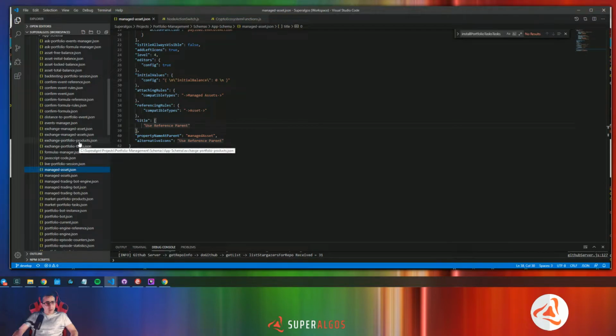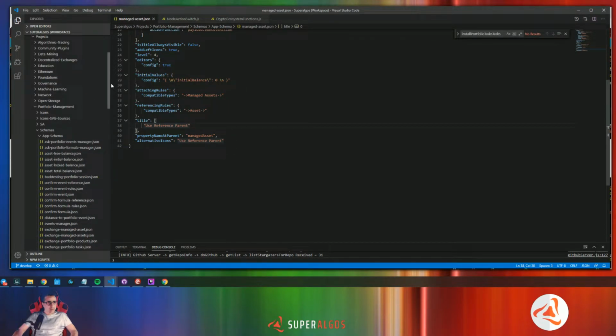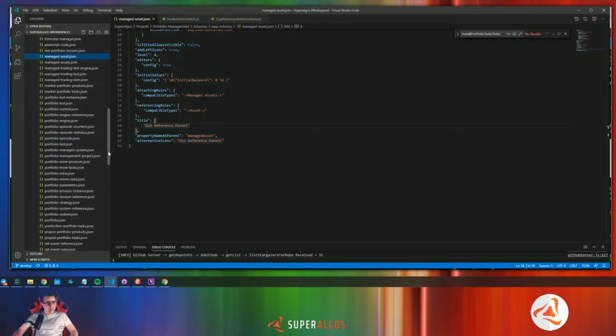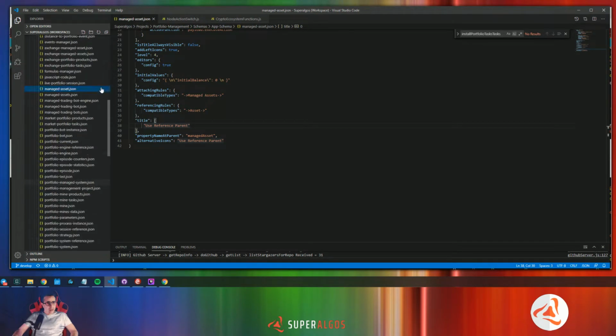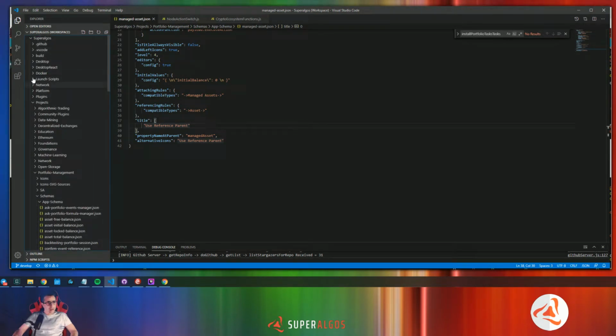Okay, so these nodes are not from foundations, they are from portfolio management. And if you see foundations, they are not there. Where are they?